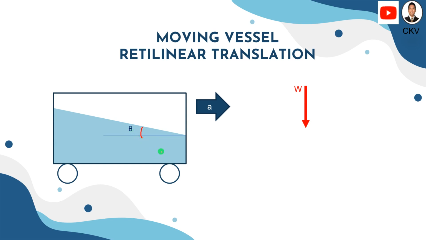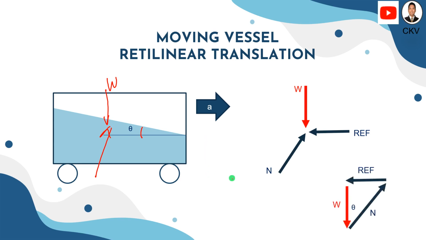So the forces present inside this vessel are the weight of the fluid, which is going downward, and the normal force acted by the fluid. Since we have a motion which is going to the right due to the constant acceleration, we will also have a reverse effective force. Whenever a body is moving, there is always an equivalent reverse effective force for that body.